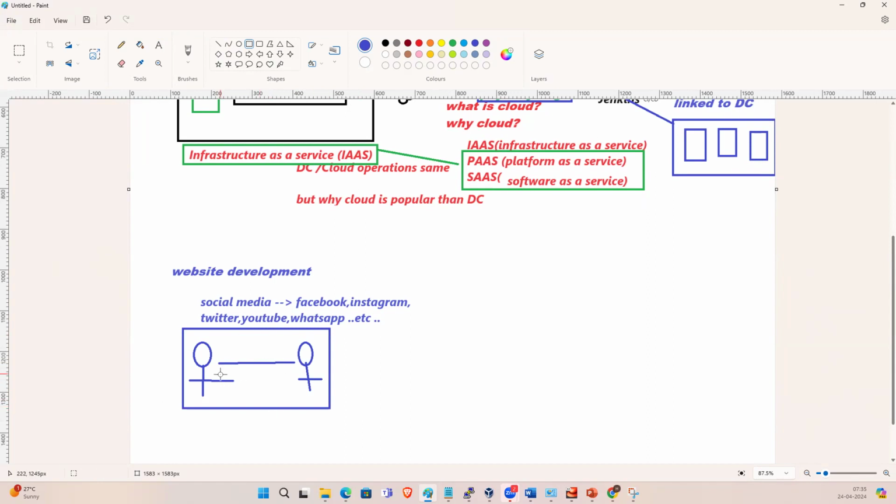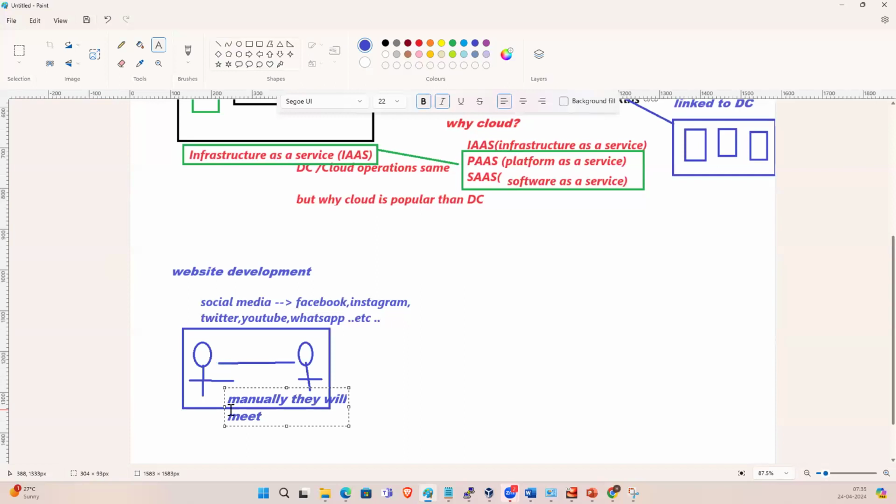So they would meet manually in person. After social media, wherever you are, you can connect with your friends. This is a big innovation from social media.